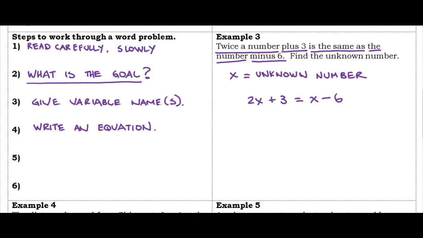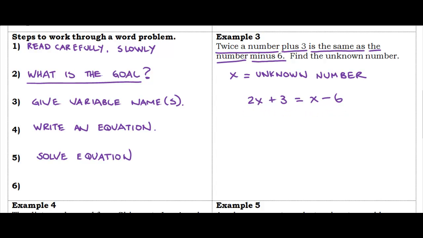Then, like we've been doing all along, we solve the equation. And solving requires two things: simplifying and isolating. So you go ahead and solve this equation like we've been doing for a while now. I'll wait.